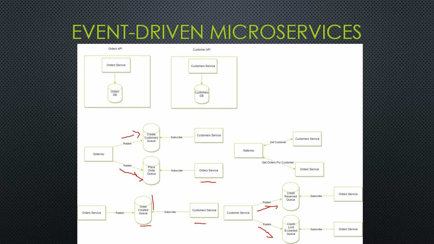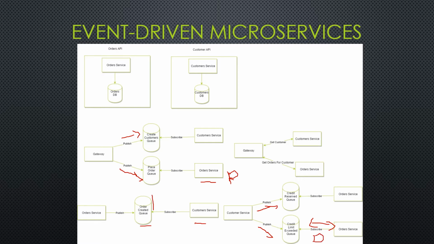Therefore, I'm going to send a credit limit exceeded message to orders. So orders is going to consume that message from that queue and update the status of the order. So let's say that the status normally at the beginning was placed, right? And here it's going to be denied, right?